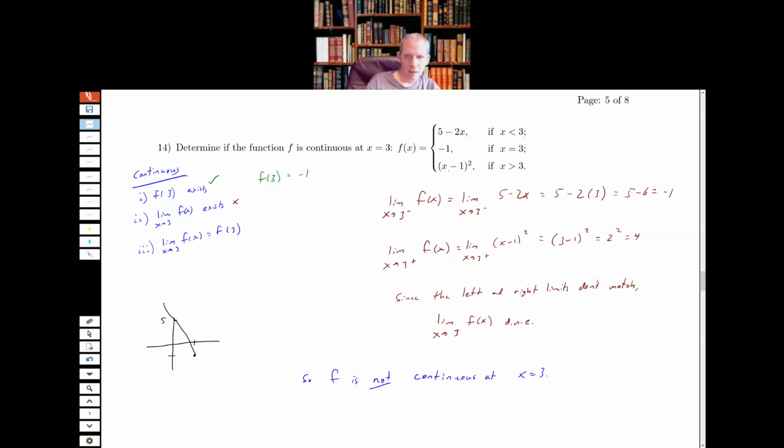Okay, and then (x minus 1) squared, that's x squared shifted to the right by 1. So like that. And then, yeah, you can look at that graph and say, yeah, here at 3, it's not continuous. I've got a jump.